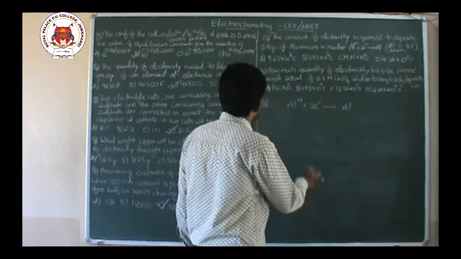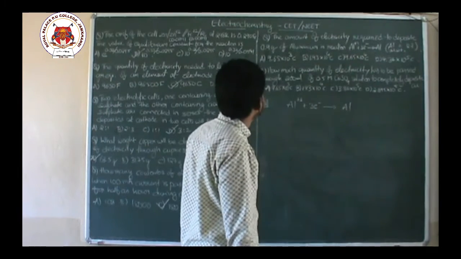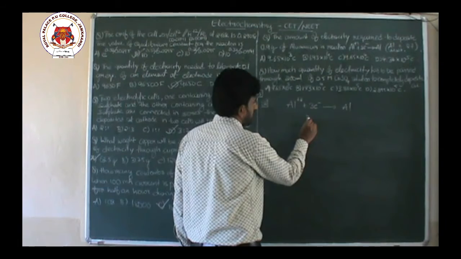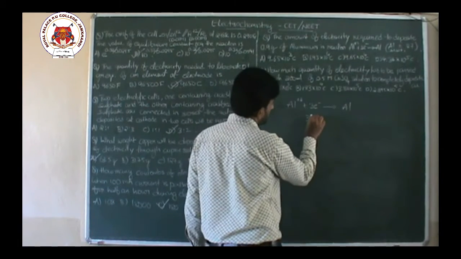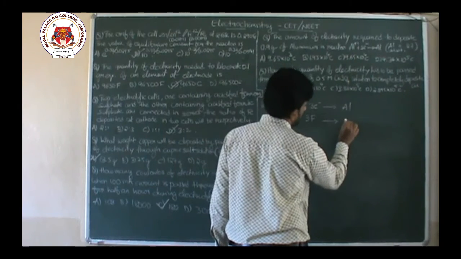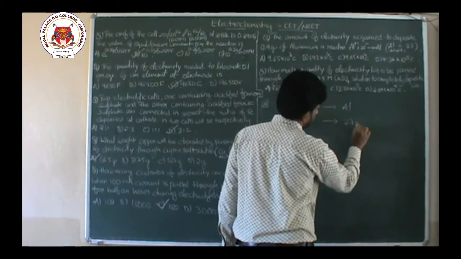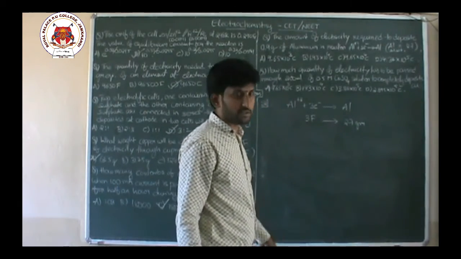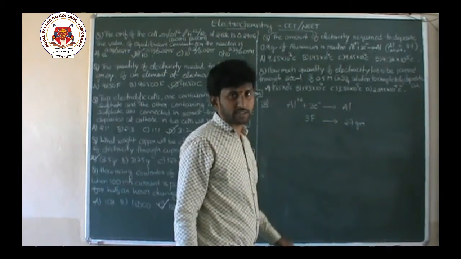Now, according to the reaction, 3 moles of electrons or 3 Faradays is required to deposit 27 grams. Atomic weight of aluminum is 27 grams according to the given equation. 3 Faradays for 27 grams.